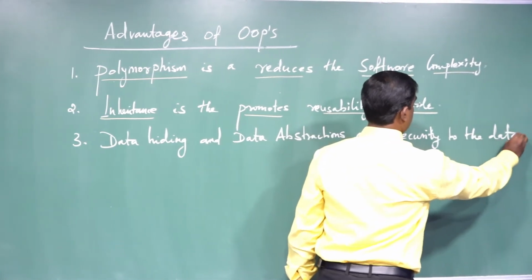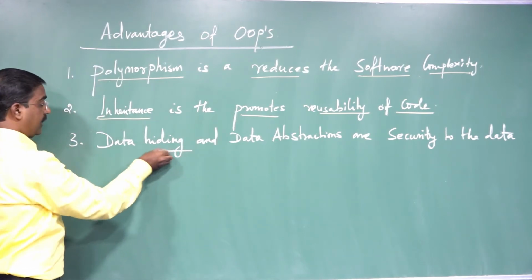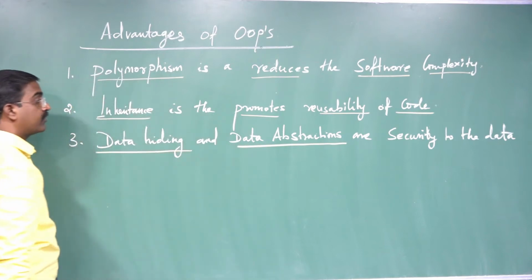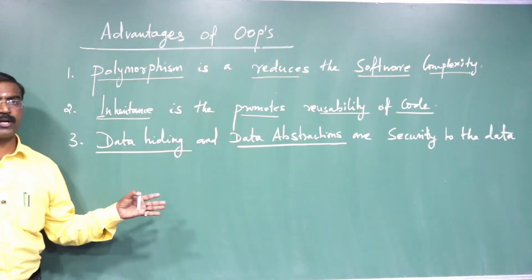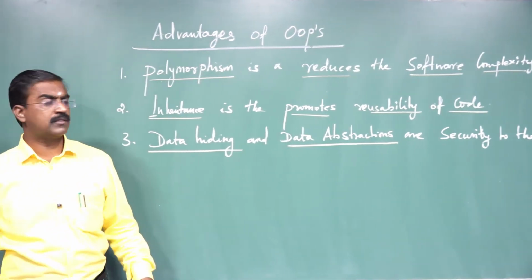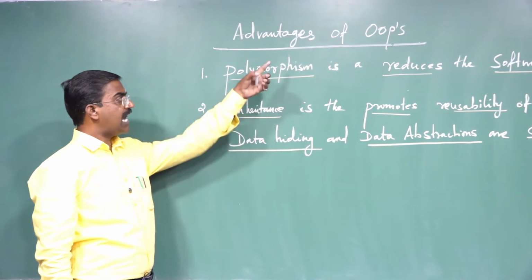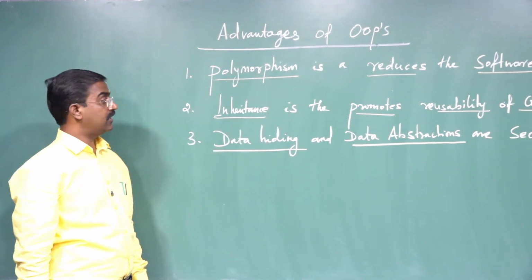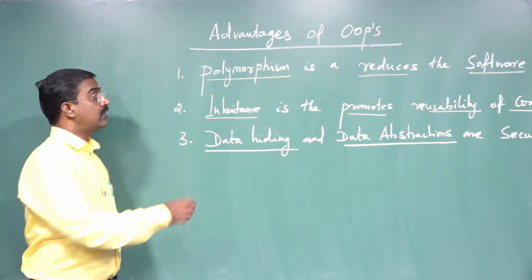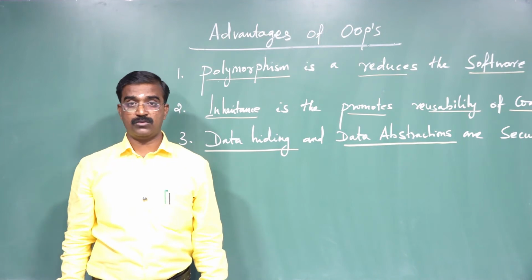So totally these three points are very important. This question will sometimes be asked for 2 marks and sometimes for 3 marks. So these three points are very important. This is advantages of OOPS. Based on this, today's session is polymorphism, which we will see now.